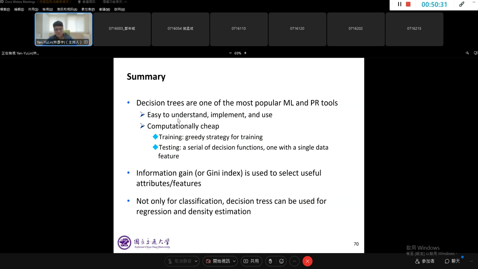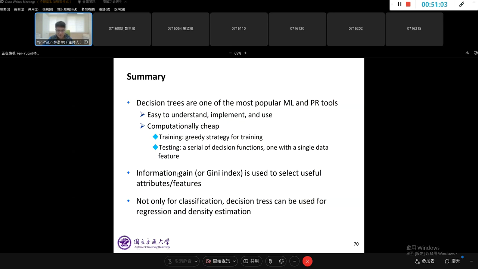Also, they are computationally cheap because we use greedy strategy for training, and during testing, we feed the data point to the root, and the inference process goes from the root to one particular leaf node.